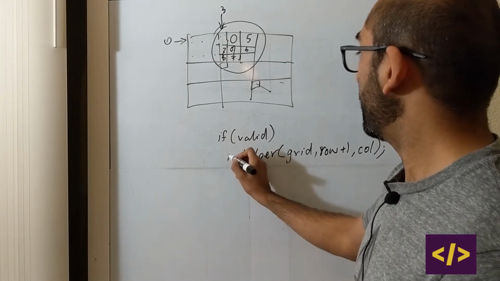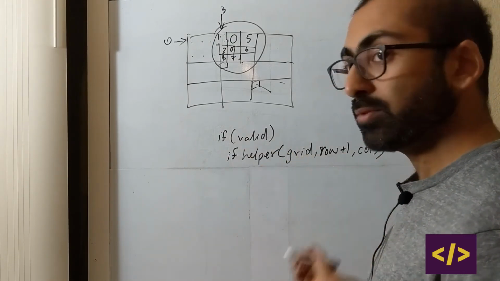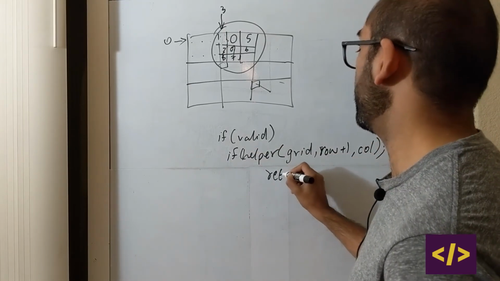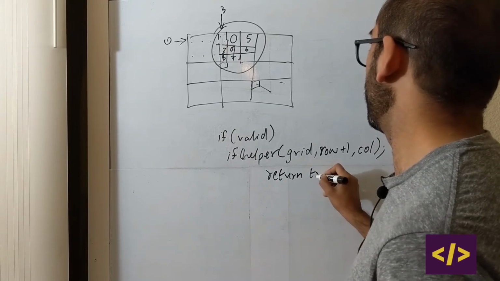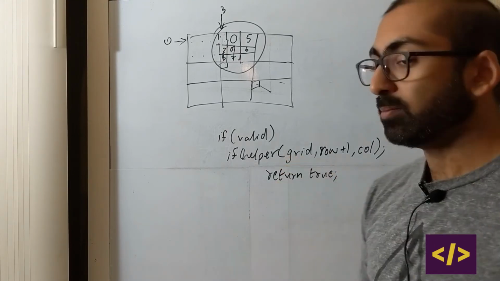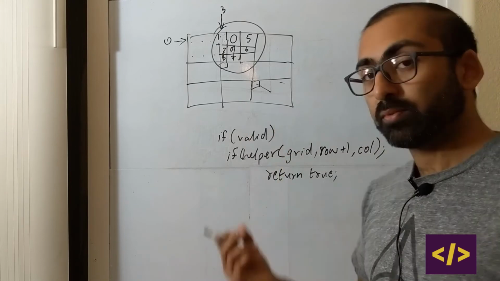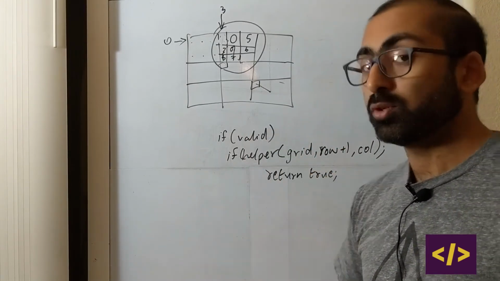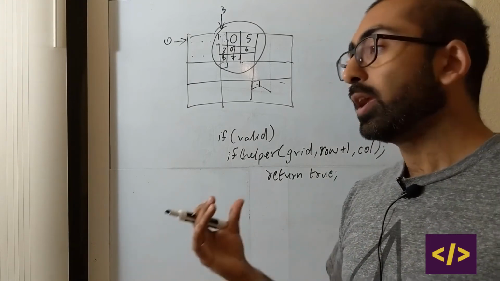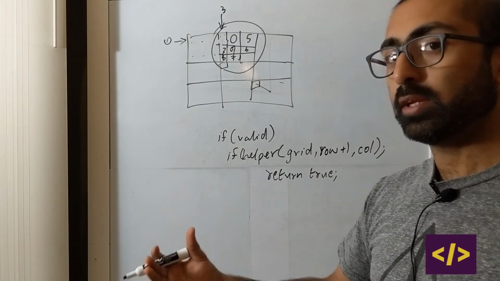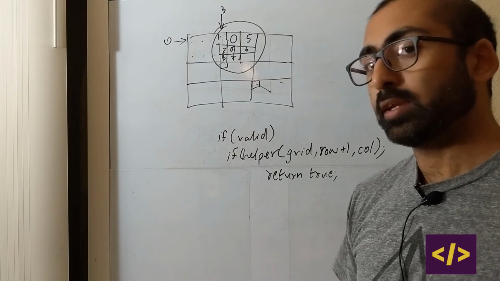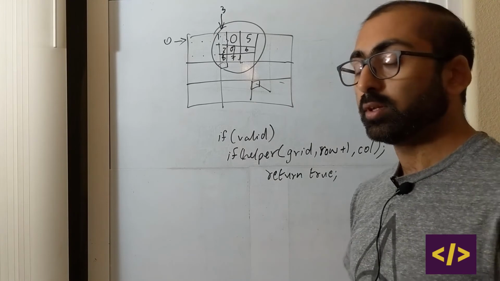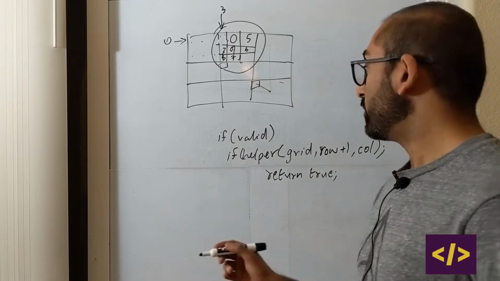Okay, and if that's also true, then you will return true. What this basically means is that you have a value that was valid, you plugged in that value, you sent the new grid into the recursive tree, and then at some point it reached the very end, and then it gave back a true. Okay, so that means that you found the solution.